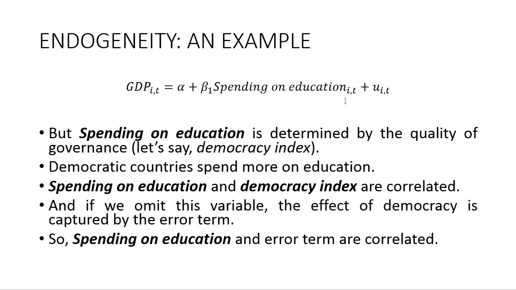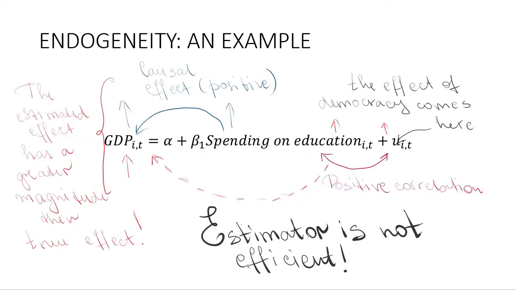So, due to the fact that the effect of democracy will be hidden in the error term, it will be captured by the error term, we expect spending on education and the error term to be correlated. So you might wonder why it's so bad, and this is why.